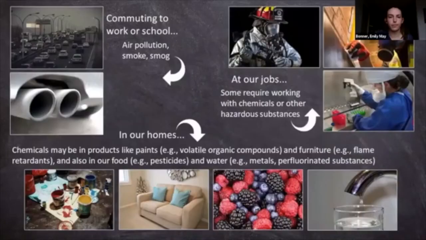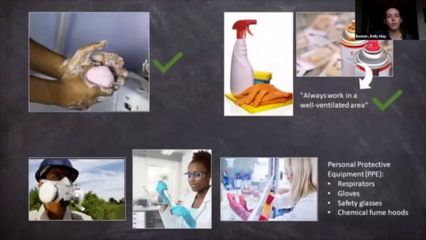Humans around the world are exposed to factors that can affect their health, like air pollution, smoke, metals, chemicals, and other things. For example, we might be exposed to things on our drive to work or school, at our jobs, or even in our homes. Some chemicals, like soap, are really helpful and are not dangerous to us when we use them as we are supposed to.